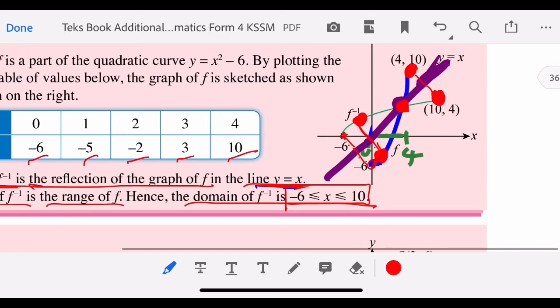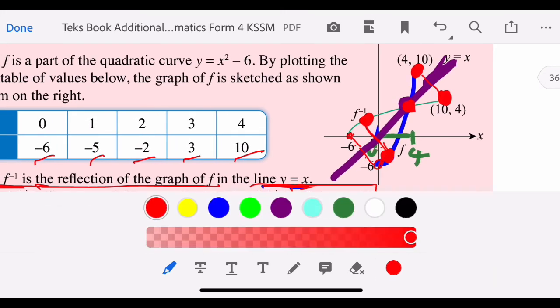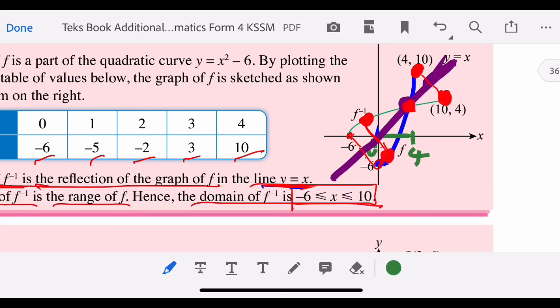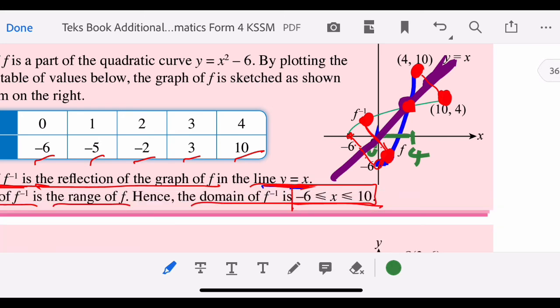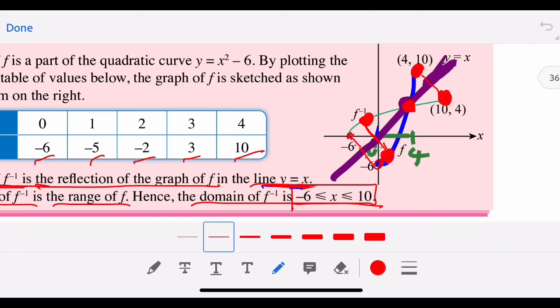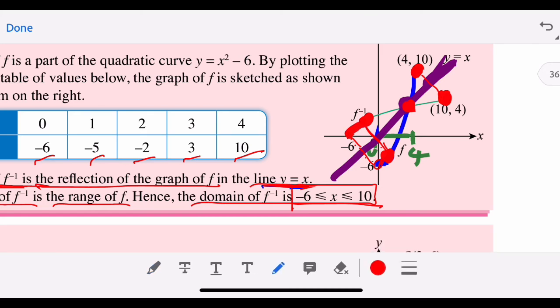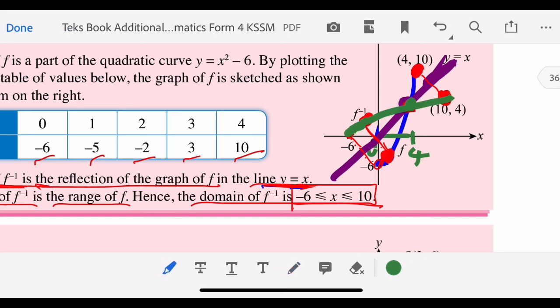What you need to do is find the points that reflect on the purple line, and then draw the curve using the concept of reflection. The shape should be almost the same, something like this. The object and image will be on either side of the line of reflection.